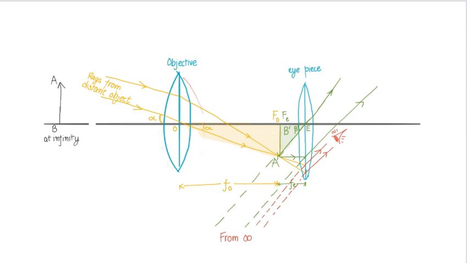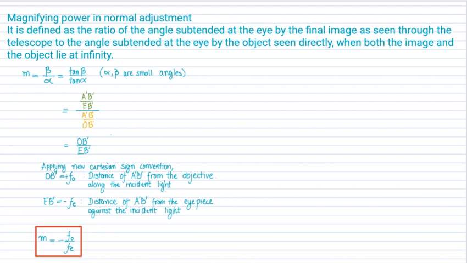One more important point: is this direction measured in the direction of incident light or opposite to it? It is measured along the direction of the incident light. So according to sign convention, this distance, which can also be written as FO, should be positive. So I've written OB' equals plus FO, the distance of A'B' from the objective, with a positive sign since it is along the direction of the incident light.